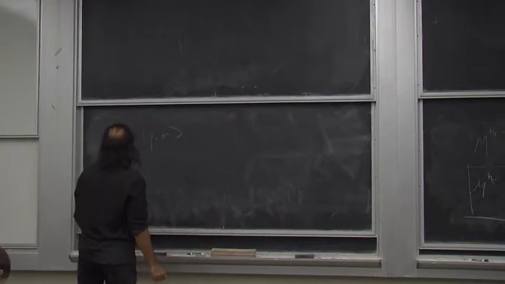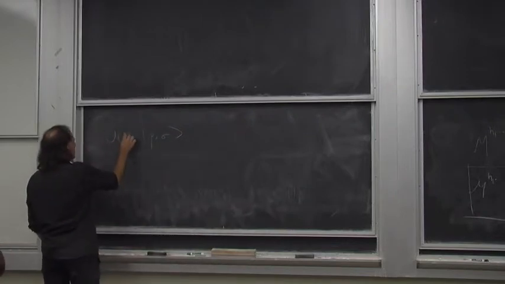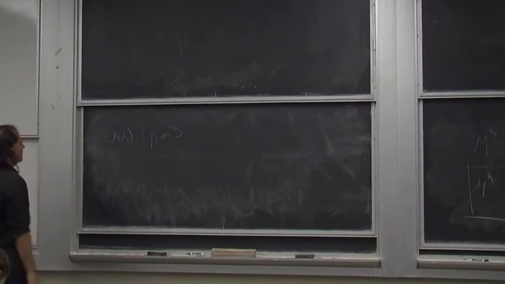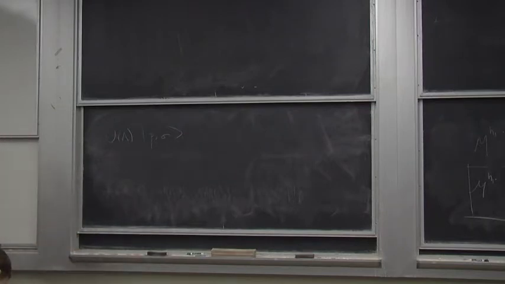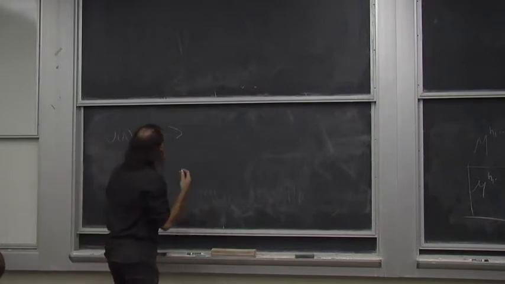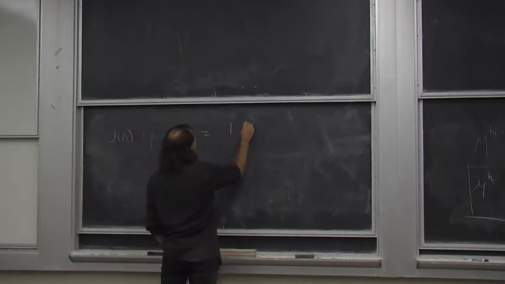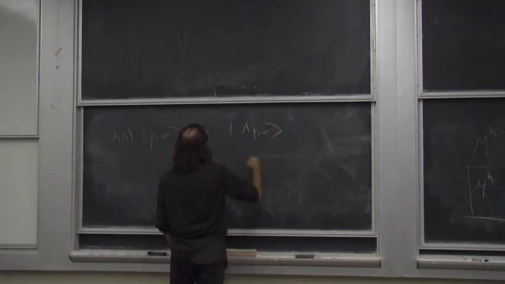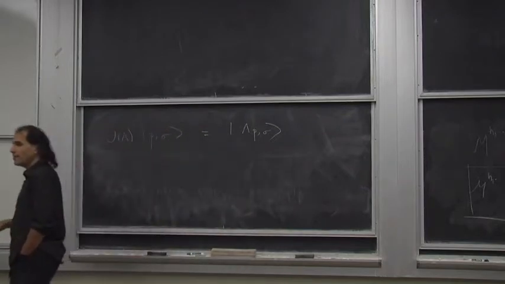We would like to figure out how Lorentz transformations act on this. For any Lorentz transformation Λ, we want to find how U(Λ) acts on the state. The most naive thing it does is just Lorentz transform the momentum. But this is too naive.